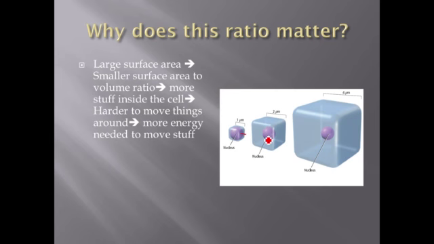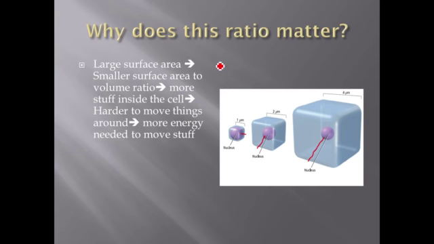So if I want to send something out to the outside of the cell, it takes a lot longer for it to get there. Even though it's only twice as big, it takes a lot longer. And now this cell, which is only twice as big as this cell, has to travel an enormous distance to get from one place to the other. You can see how each line almost just increased in size.